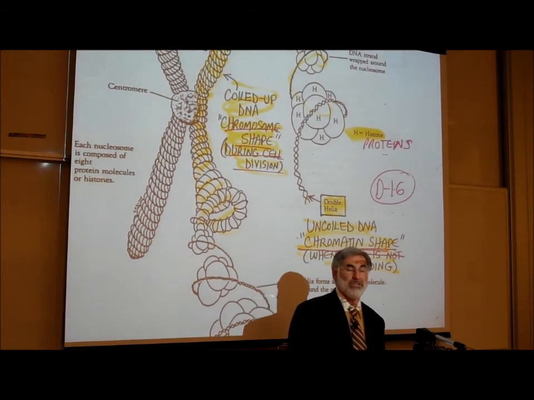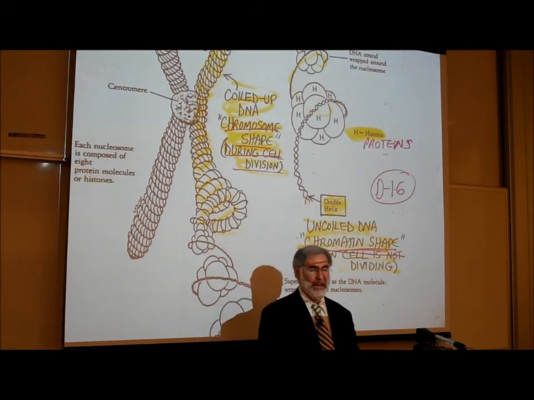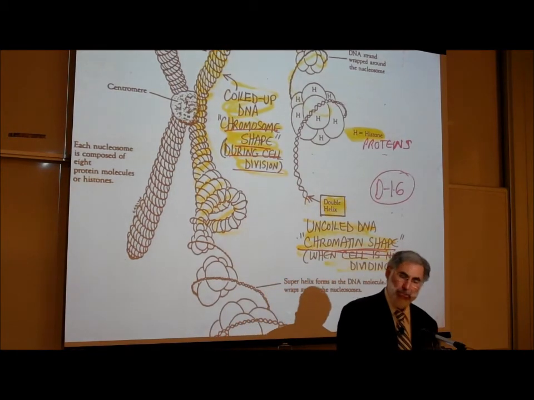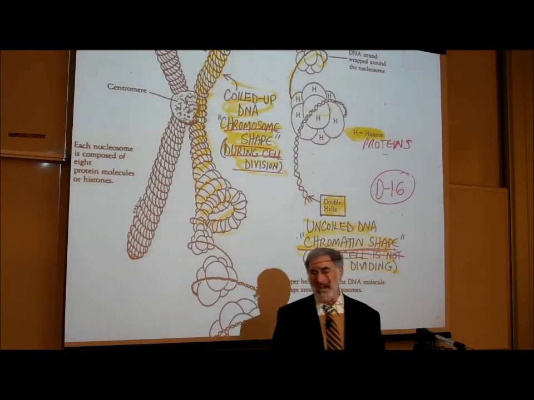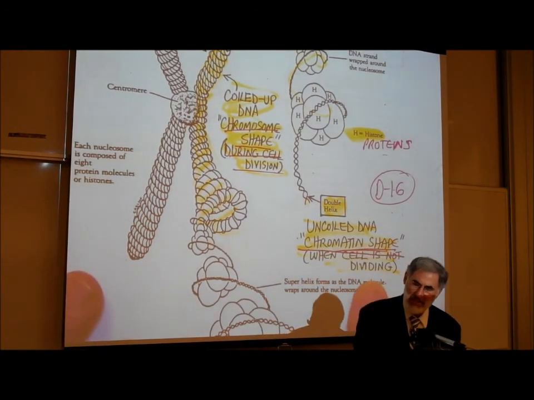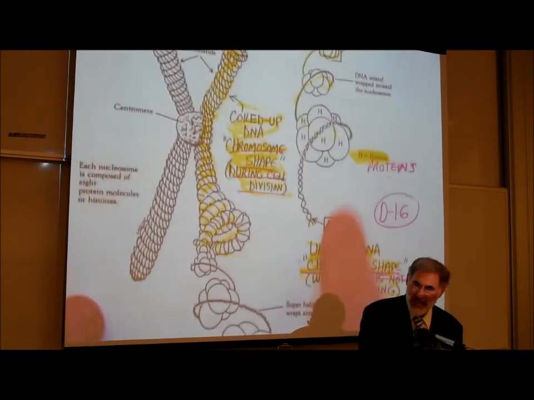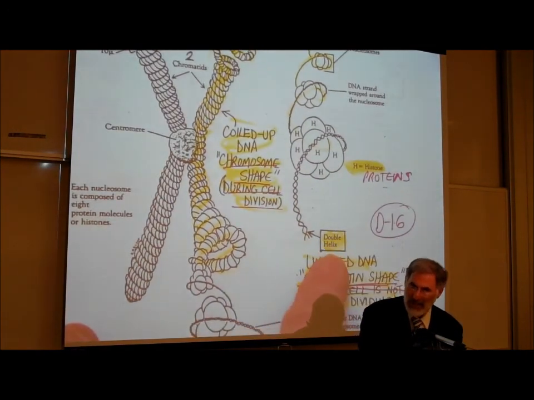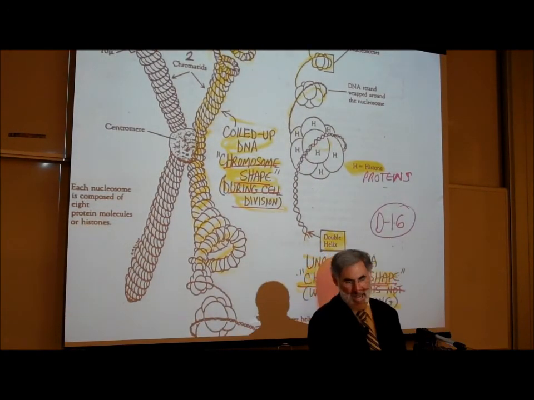For those people taking lab and learning about the life cycle of a cell, the period of time in the life cycle of a cell where it's not dividing is called interphase. So during interphase, when the cell is not dividing, the DNA has this double helix shape, the twisted ladder shape.